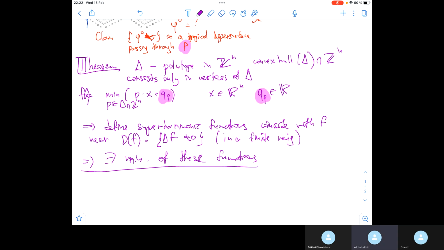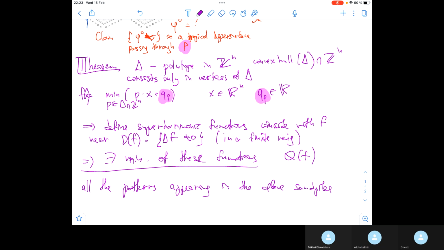And then the claim is that if we say this minimum point is theta of f, then all the patterns appearing in the above sandpiles are like 2n minus 1, the maximal stable state, plus the Laplacian of such a function theta of f.